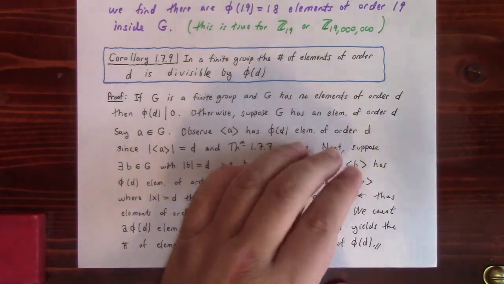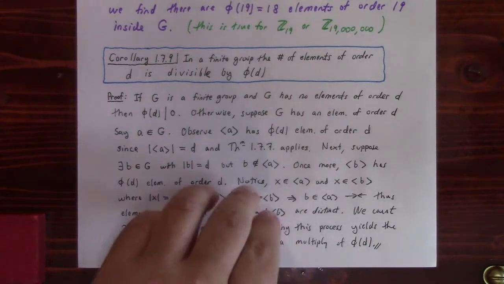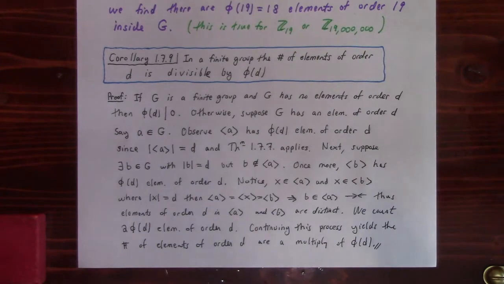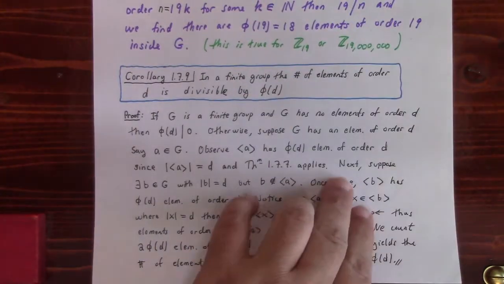If you look for elements of order D, and it's not a cyclic group, you still know something. The number of elements has to be a multiple of phi of D. So it's not just the Wild West. It can't just be any number.